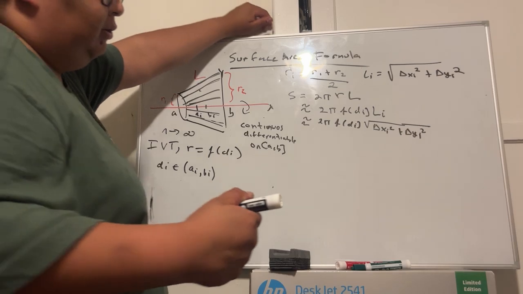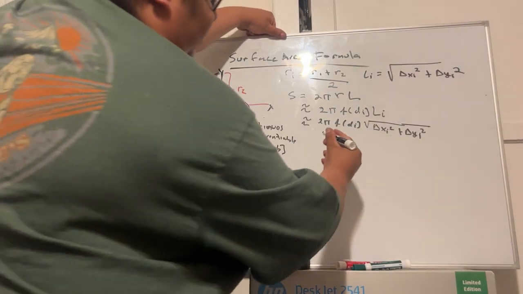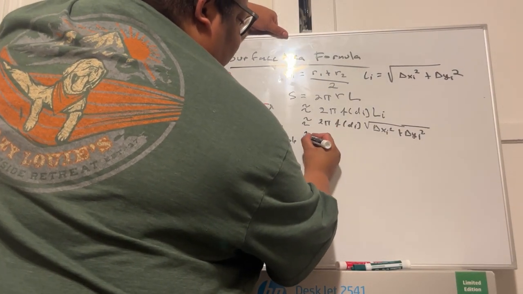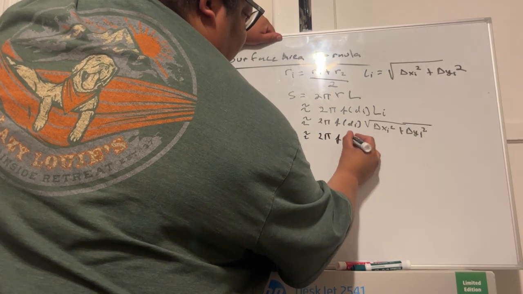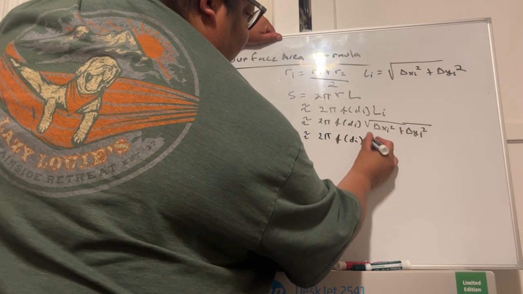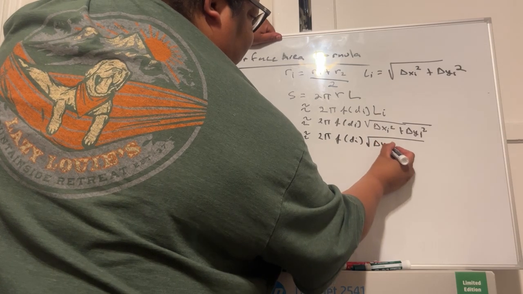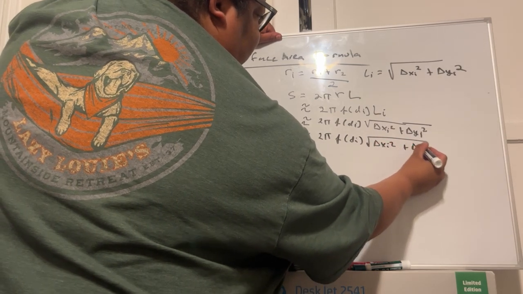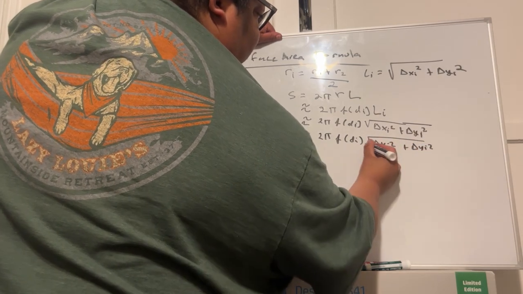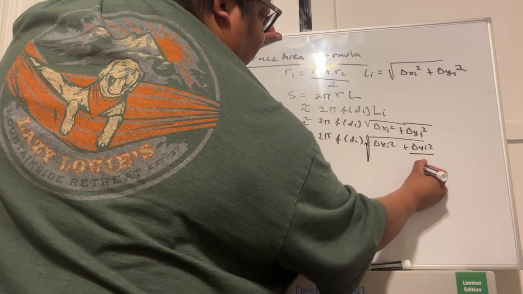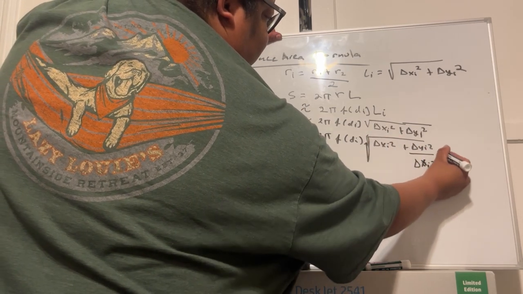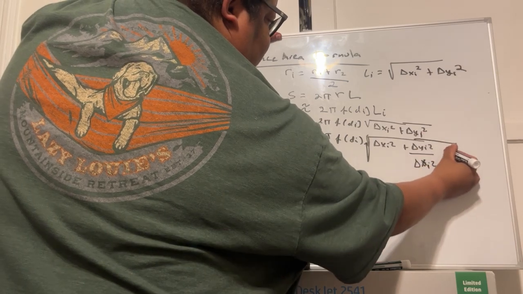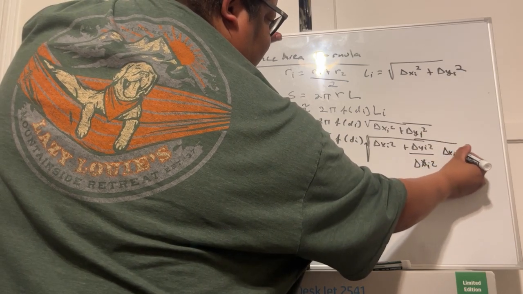And just like we did on the arc length formula, we can do this as follows: 2 pi f of di times the square root of delta xi squared plus delta yi squared, over delta xi squared, times delta xi.